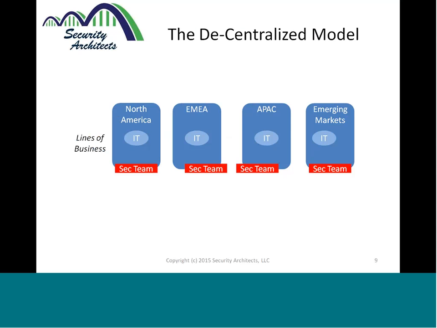Now, in the case of the decentralized model, you have security teams, but they're sitting out with the business units. And they may be embedded in IT, or they may be separate teams. And there may, in fact, still be a CISO for a decentralized organization, but the CISO is typically in a very weak position, if the position's even present.